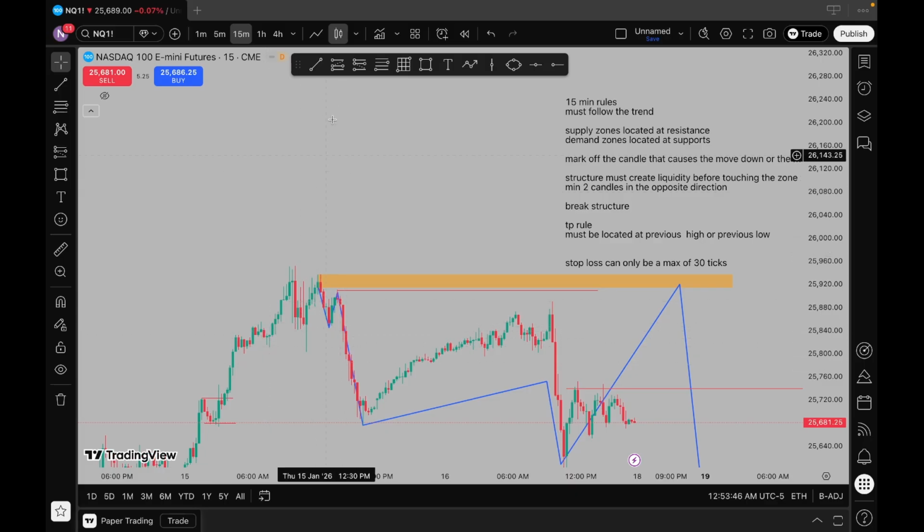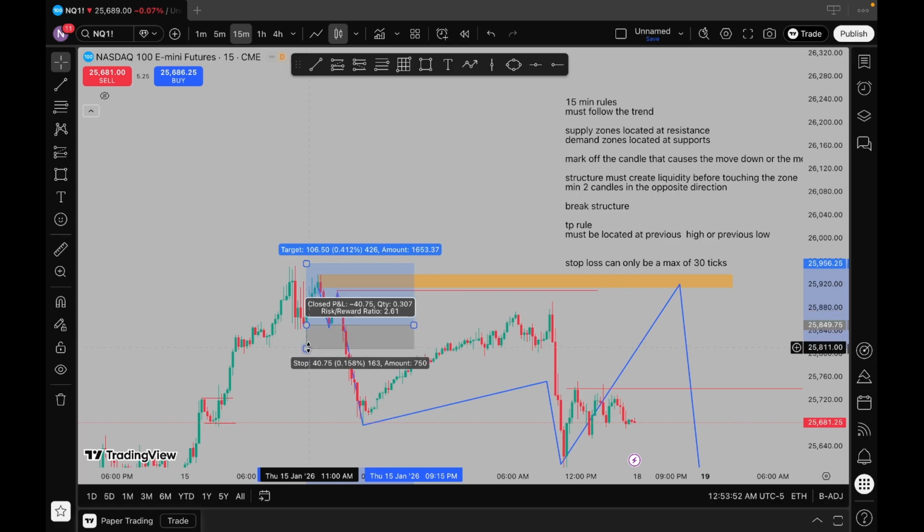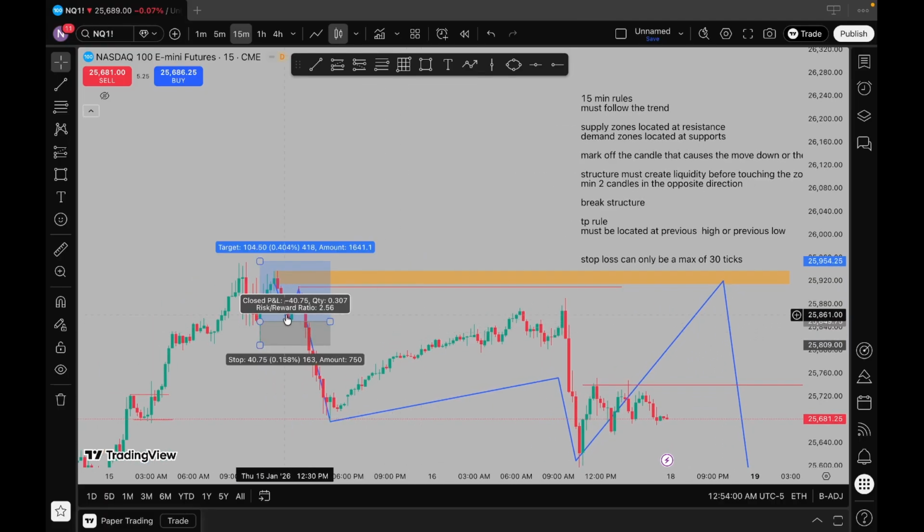This is super low. Technically, yeah, that's all right, but these aren't really high probability trades. You've got a 1 to 2.56, but you would have to go in with a lot of contracts to make any type of money.